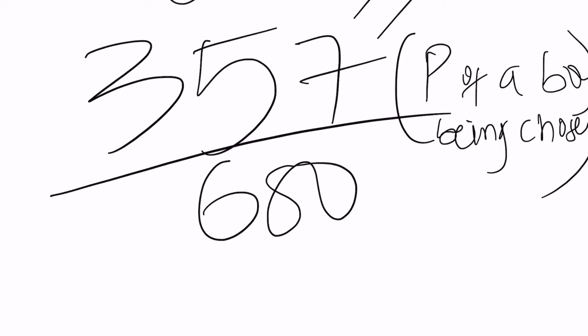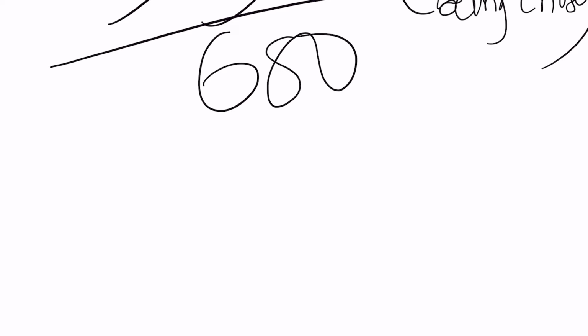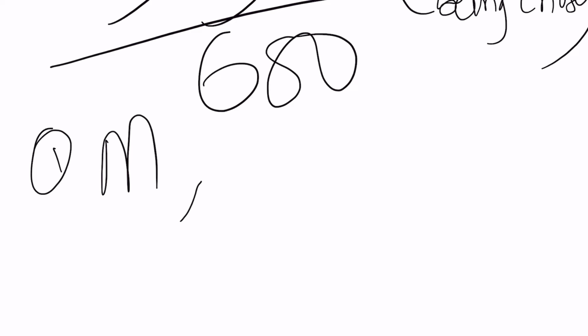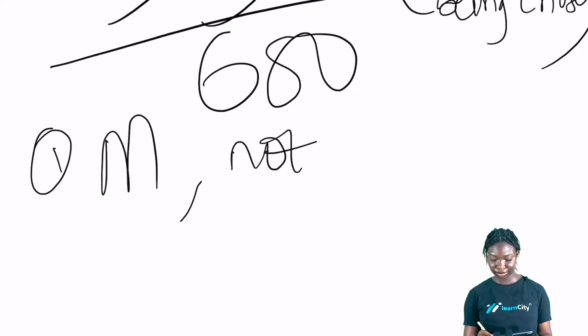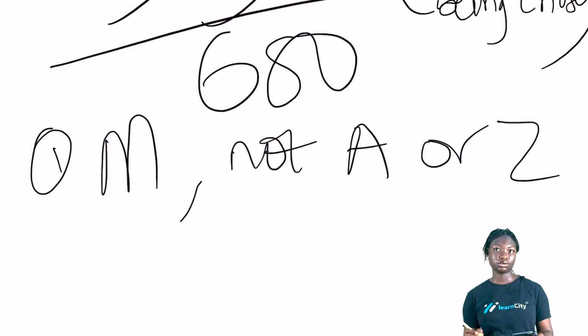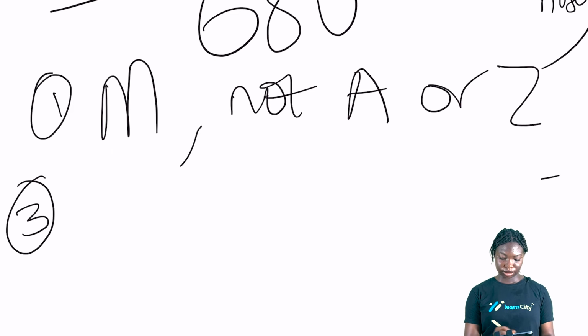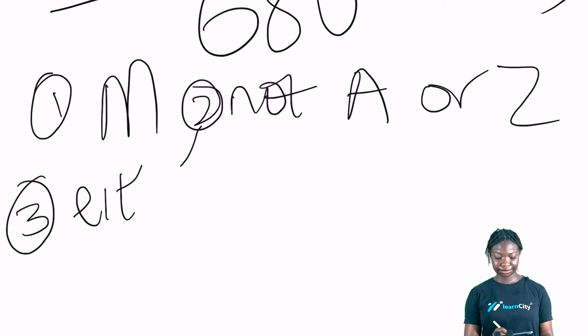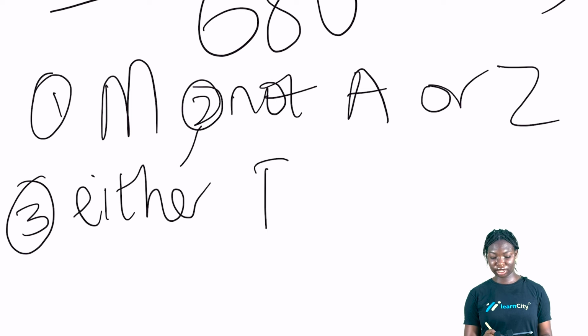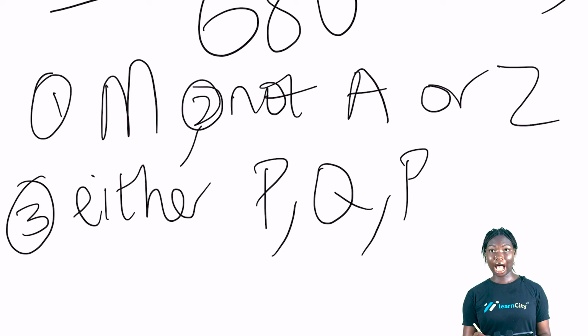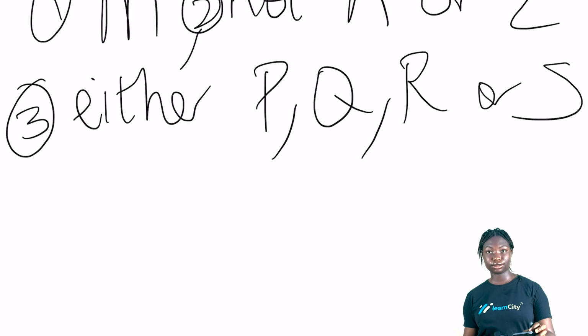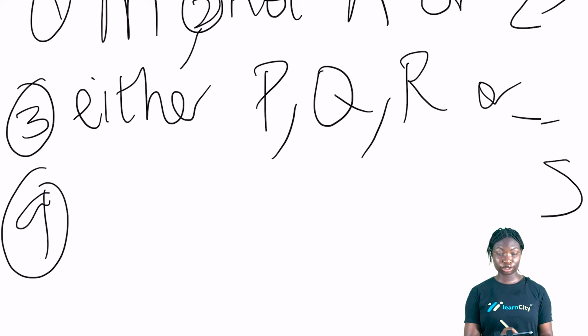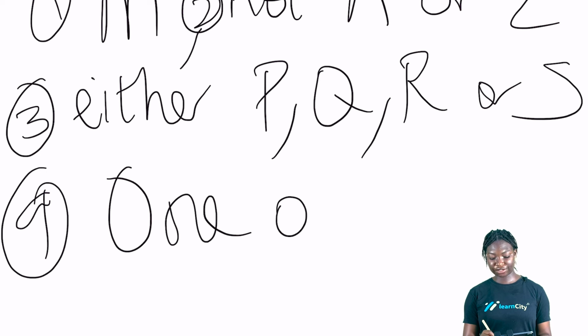Now for the second example, we have it that a letter is chosen at random from the alphabet. Find the probability that it is an M, not A or Z, either P, Q, R, or S, and the fourth one, which is one of the letters of Nigeria.